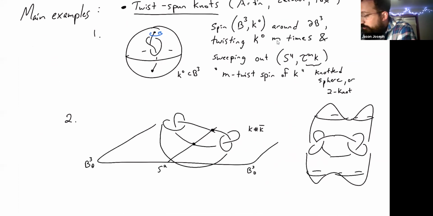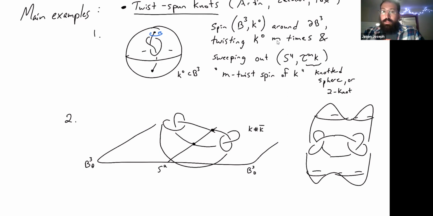And so this is the standard ribbon disk for K connect sum its mirror, and take 2 copies of that and glue them together, and that is the spun knot. And so if instead of just gluing them in a doubling fashion, you glue them by a diffeomorphism that twists the boundary, that's another way to understand a twist spun knot.